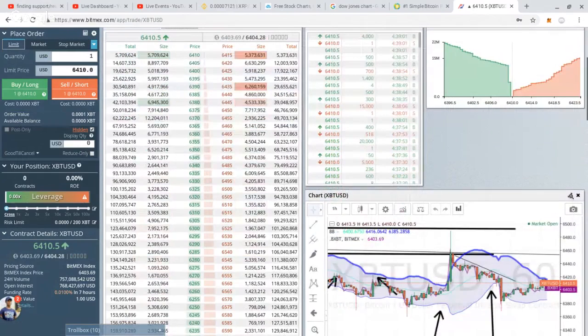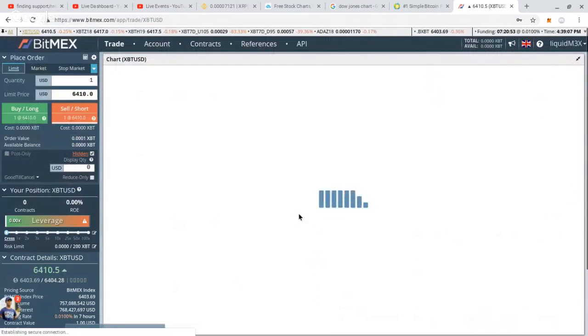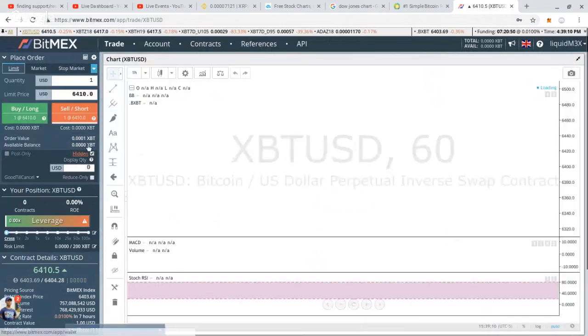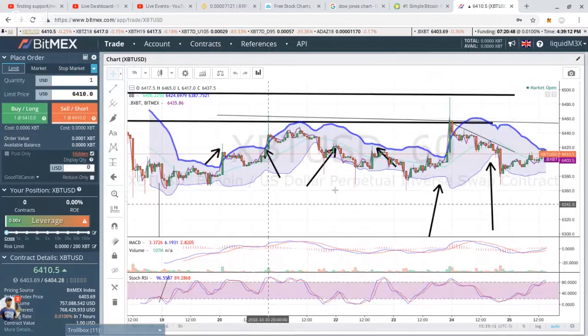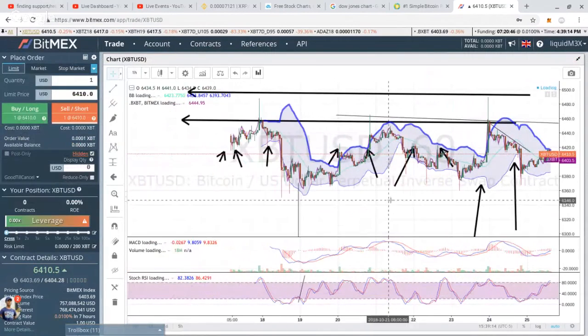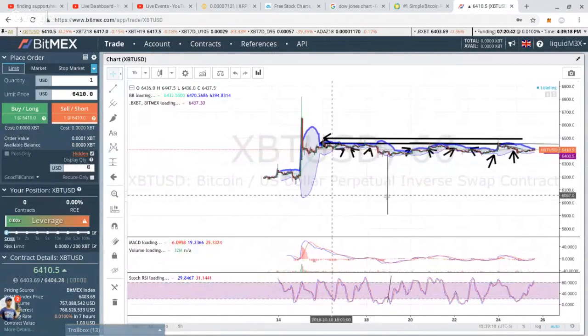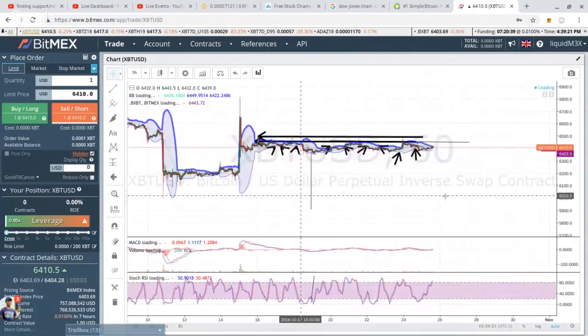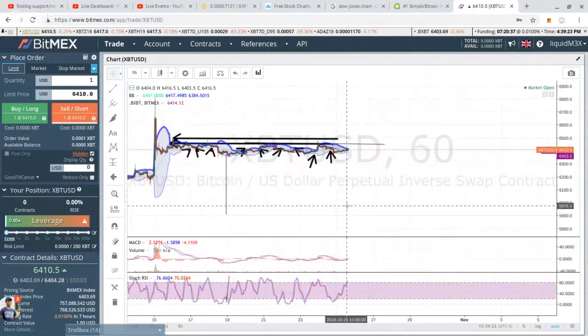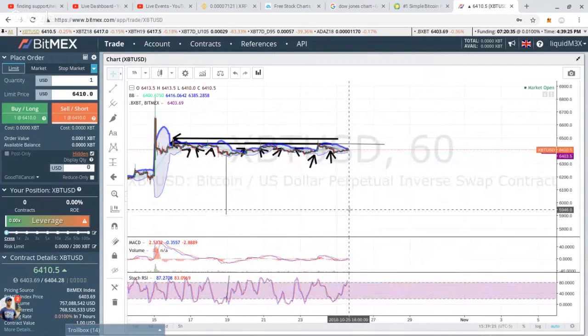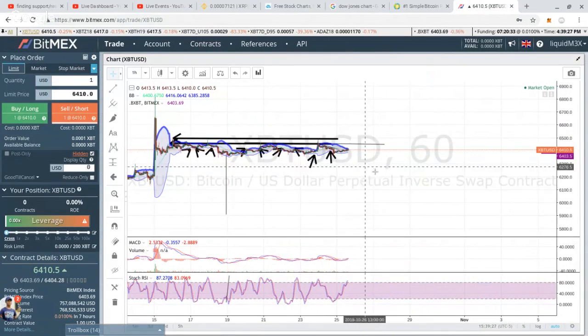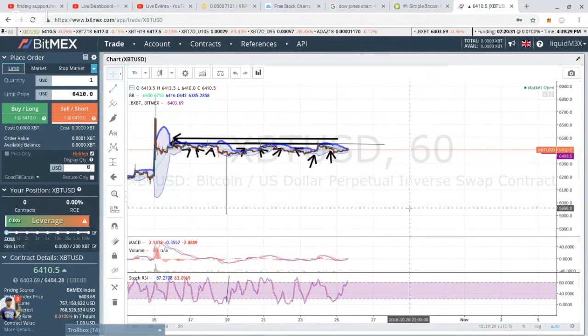Let's check out Bitcoin, or XBT, I guess you'd call it. On BitMax, an XBT is like $1. What's really cool about the affiliate link is that every time you open a trade, 10% of the fee is taken off, and I get a commission of that too. I've done this with about half a Bitcoin before.